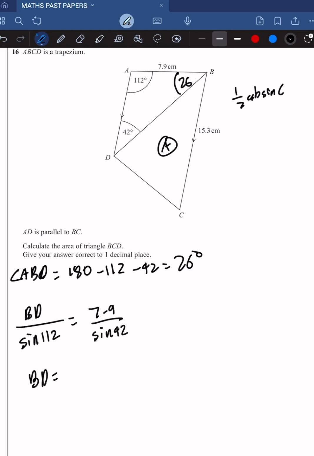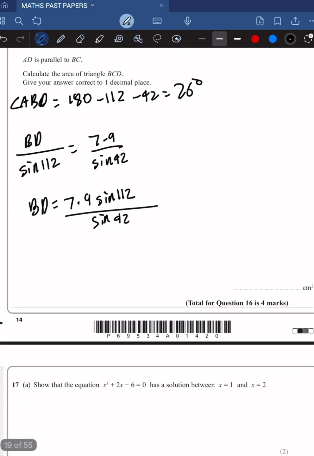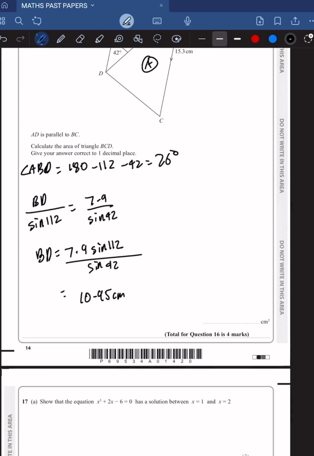BD is 7.9 sine 112 over sine 42. And in my calculator, that gives me 10.95 centimeters.